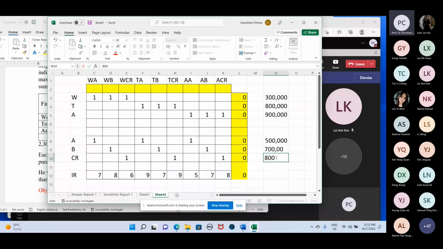Now, what's the sign here? Less than, because that's how much maximum they can give you. What about here?